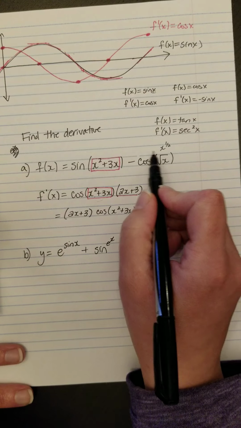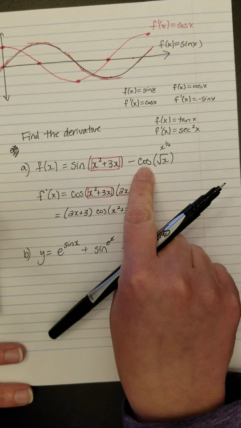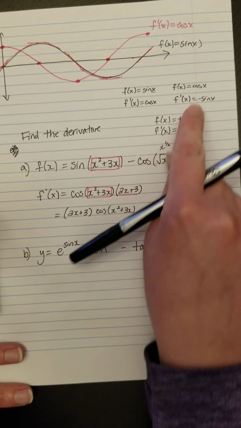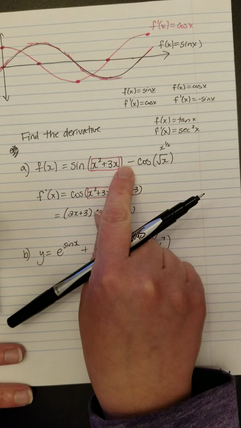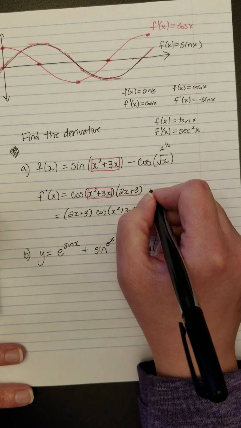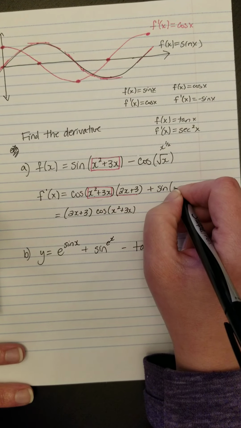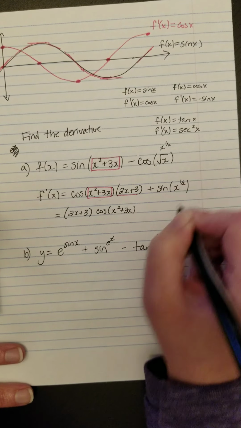So then the next piece of this is doing the derivative of cos of root x. We know that the derivative of cos is negative sine, and I already have a negative, so that's going to make this positive sine, and you can write x to the 1/2 or root x, it doesn't matter.